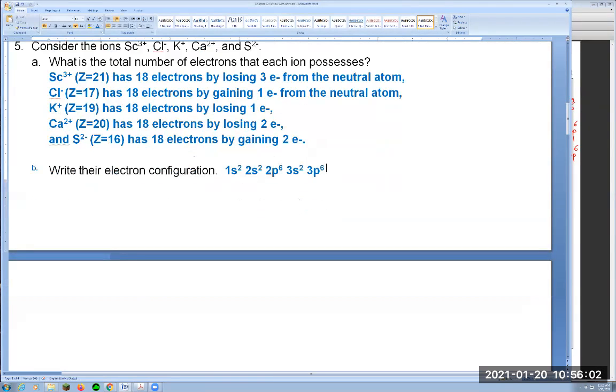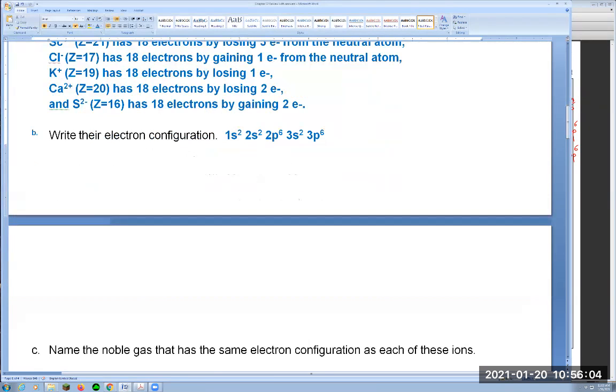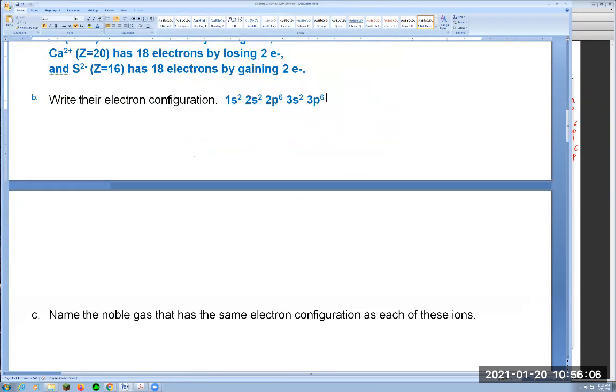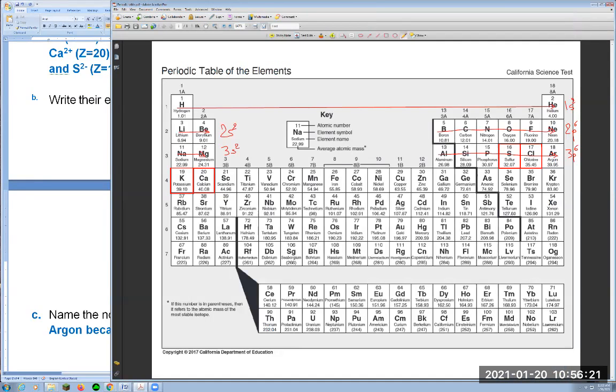So then the question is to name the noble gas that has the same electron configuration as each of these ions. And you have guessed already, that's argon, right? Because argon is the noble gas with the atomic number 18. And so you see how they are all around argon and trying to be like argon and have 18 electrons. So that makes sense.